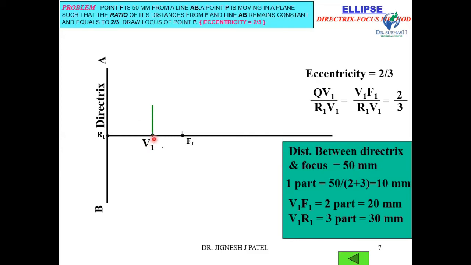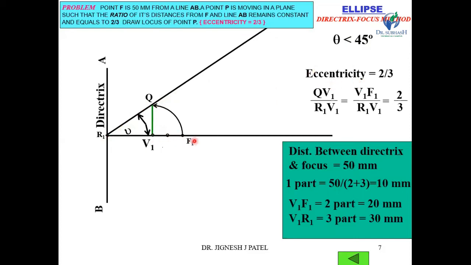Now with V1 as center and radius equal to V1F1, draw one arc, and this point is Q. Now join this R1Q and extend it. So this angle is theta. This theta is less than 45. Always theta is less than 45 if the eccentricity is less than 1.